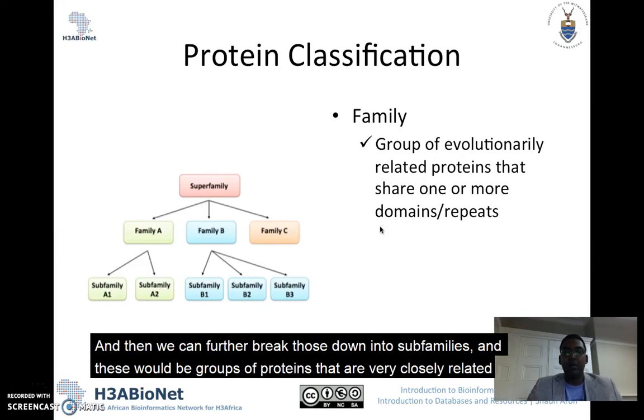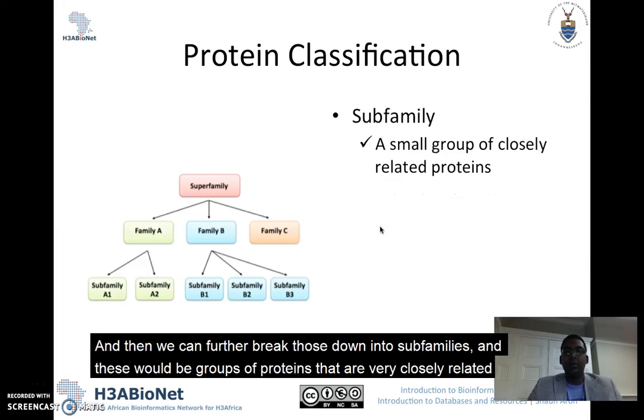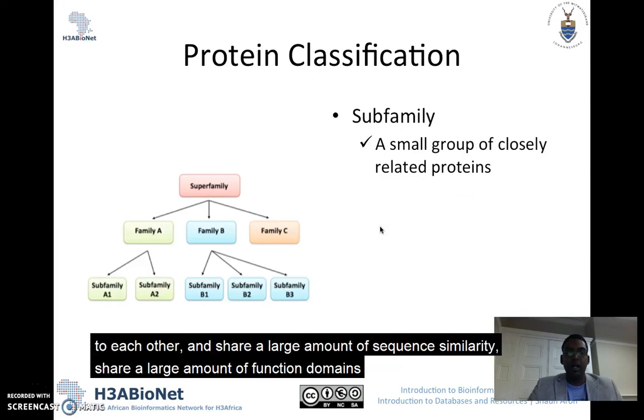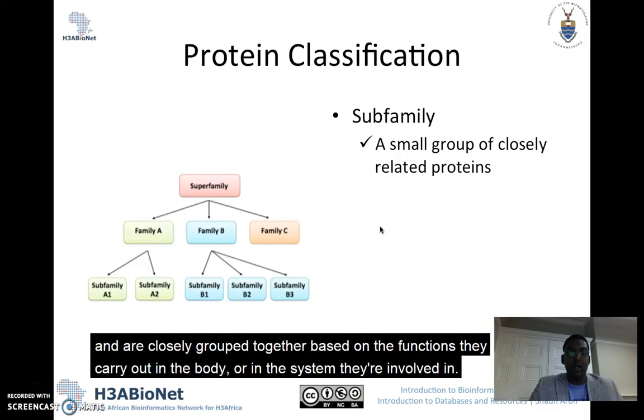And then we can further break those down into subfamilies, and these would be groups of proteins that are very closely related to each other and share a large amount of sequence similarity and functional domains, and are closely grouped together based on the functions that they carry out in the body or in the system that they're involved in.